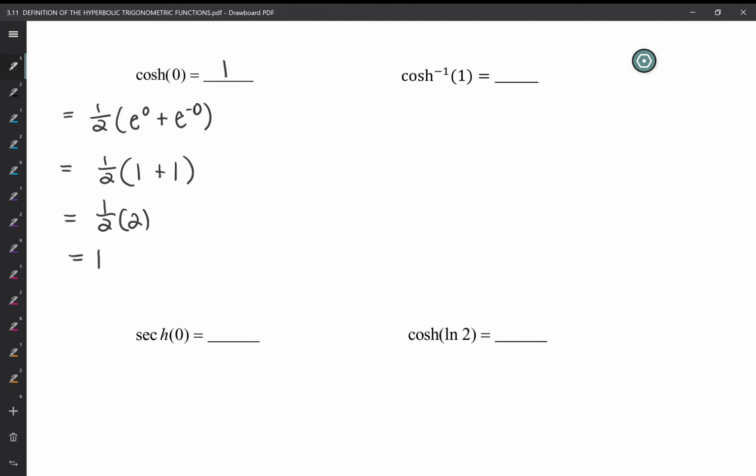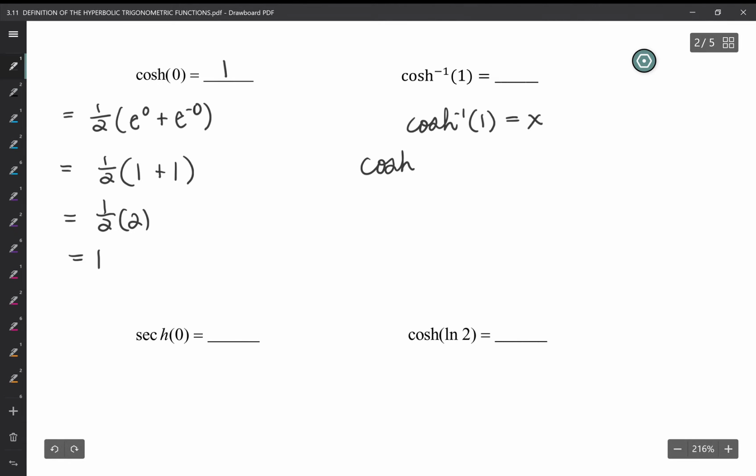Now we want to find the inverse hyperbolic cosine of 1, which will be equal to some number, which we will call x. Then we can take the hyperbolic cosine of both sides. So the hyperbolic cosine of the inverse hyperbolic cosine of 1 is equal to the hyperbolic cosine of x.